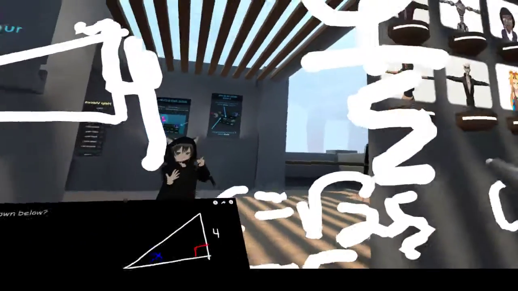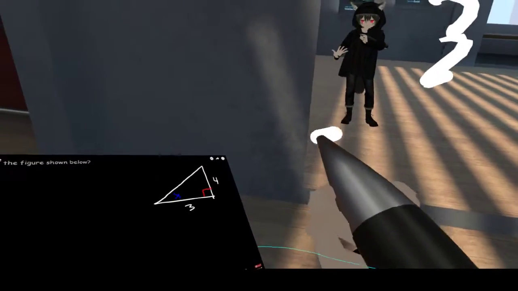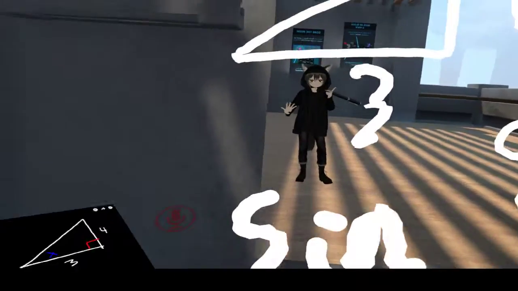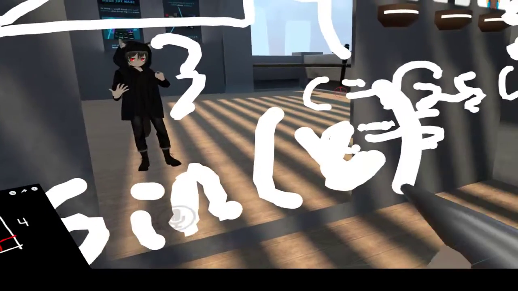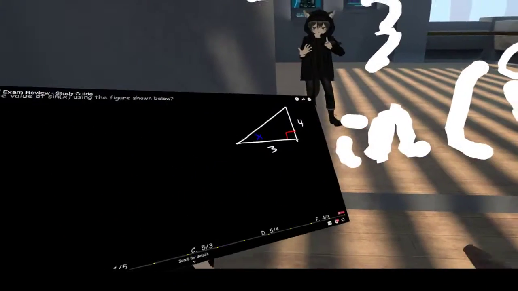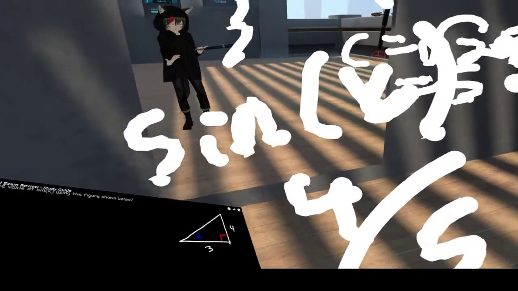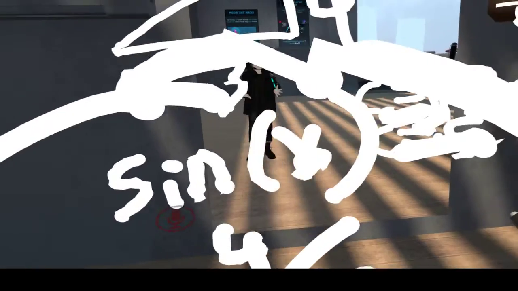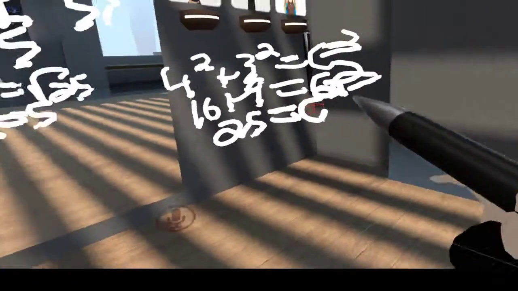So my final answer is the sine of x equals 4/5. Final answer. Okay, so that's terribly sloppy, but for my own purposes, it works great.